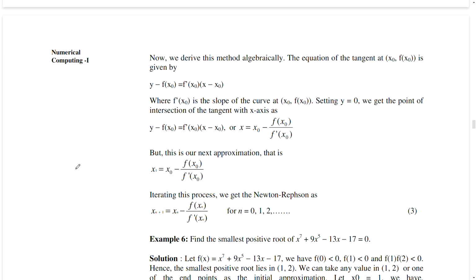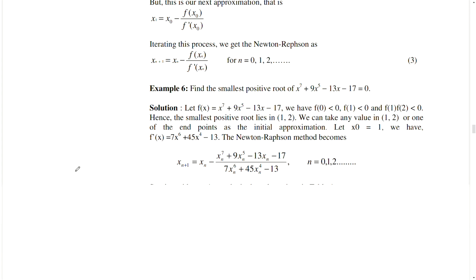But this is our next approximation, that is, x1 equal to x0 minus f(x0) by f dash(x0). In iterating this process, we get the Newton-Raphson method as x(n+1) equal to x(n) minus f(x(n)) by f dash(x(n)) for n equal to 0, 1, 2, and so on.